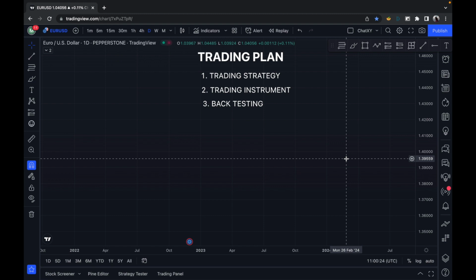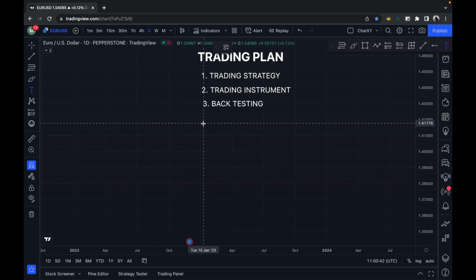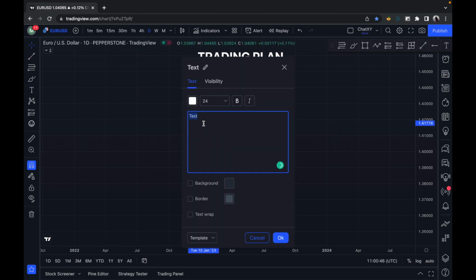Backtesting has to do with your trading strategy. When you have a trading strategy, you have to backtest it over time to make sure it's working. So this is more like a bonus to what I already mentioned in the first 2 points. Then the next one is risk management. That's point number 4.